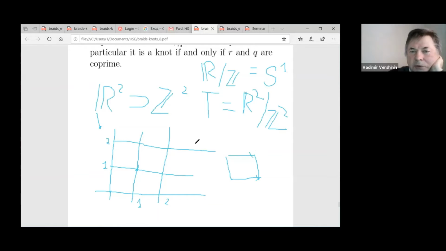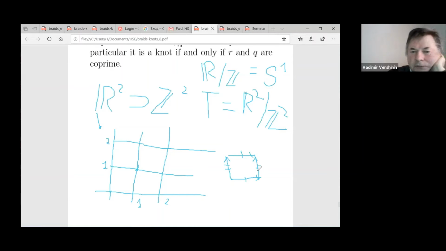They're equivalent because of the quotient by Z. So this interval is equivalent to this, and this is equivalent to this, and we should do this in the right direction.